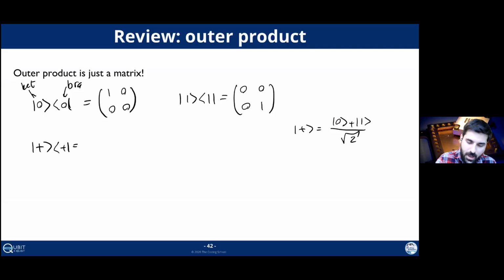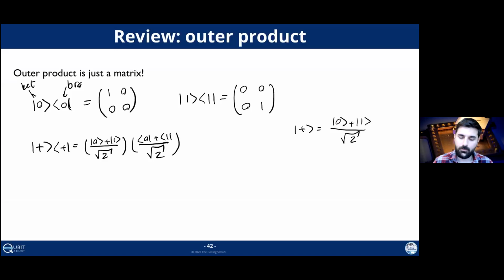So here I have (0 + 1)/√2 outer producted with, again, (0 + 1)/√2. Now I'm going to factor out these 1/√2 factors. And then I'm going to go and do these outer products one by one. So let's just bring out a 1/2 here.